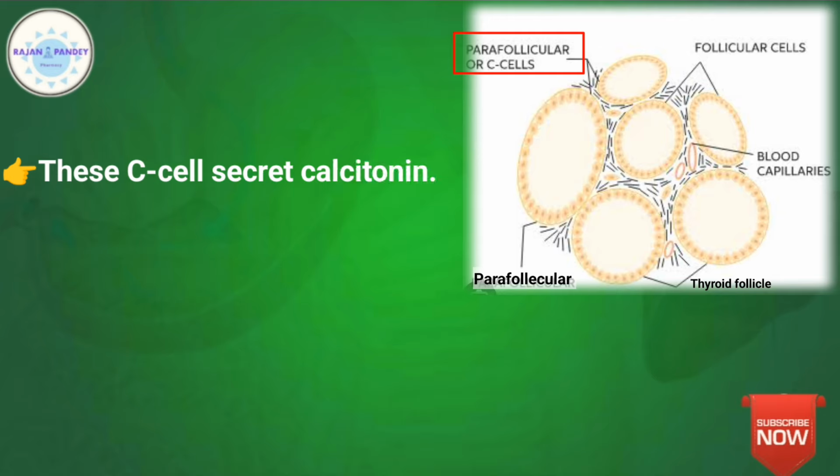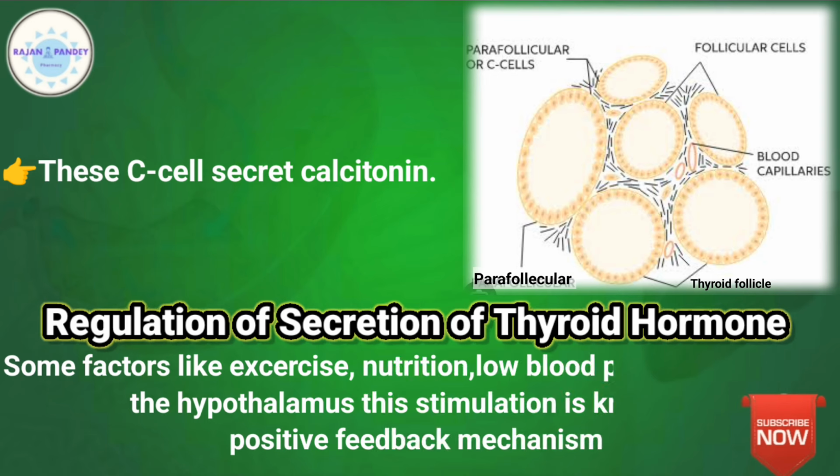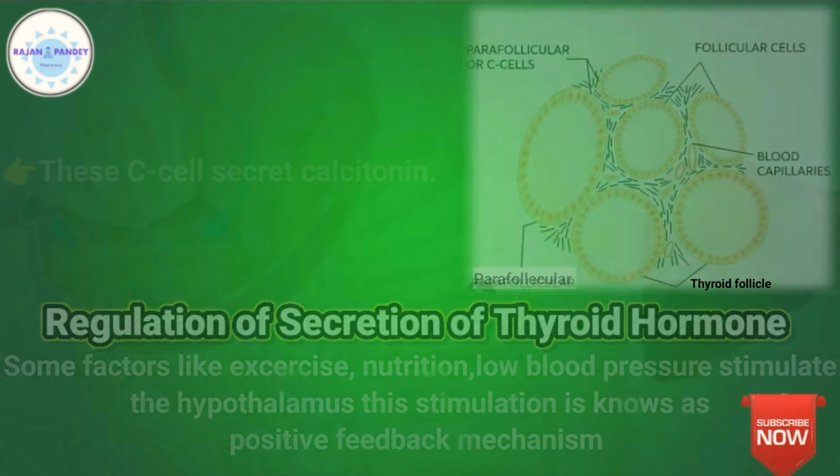Now we come to the next point: regulation of secretion of thyroid hormone. Some factors like exercise, nutrition, low blood pressure, and sleep stimulate the hypothalamus. This stimulation is also known as positive feedback.